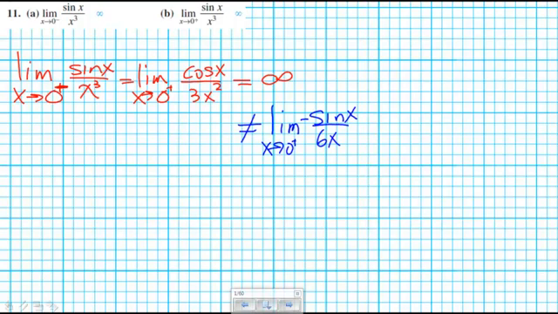I can't do this, although you have a tendency to do it. What's my mistake? I can't apply L'Hopital's unless it's indeterminate 0 over 0 or infinity over infinity. Oh, so it doesn't matter if it's 1 over 0? If it's 1 over 0, that's not indeterminate. That's going to infinity or negative infinity.